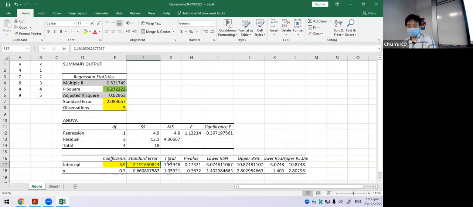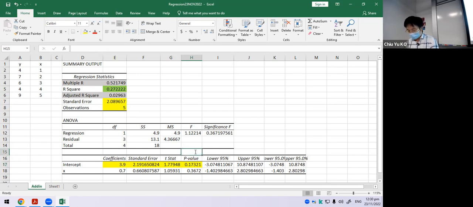And the T will be just column E divided by column F. That's what we learned, right? It's column E over column F. And the P value is simple: just calculate the value of that. Remember the degree of freedom is n minus 2, which is 3.